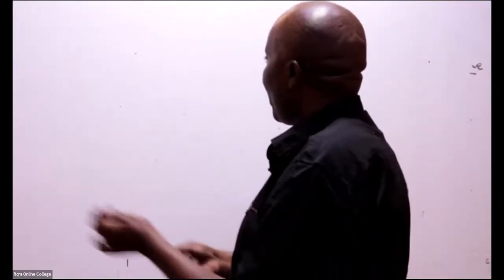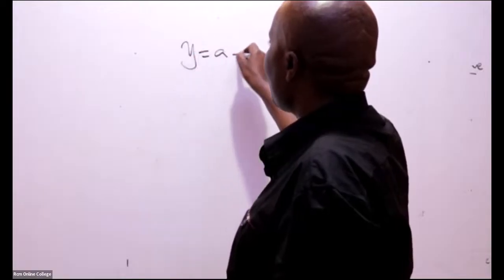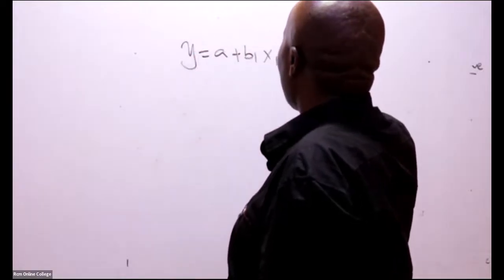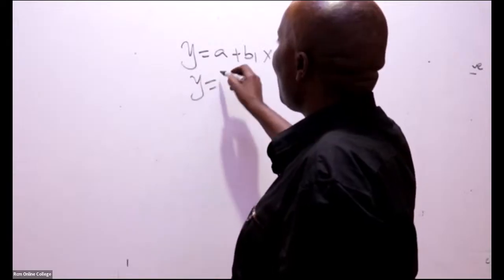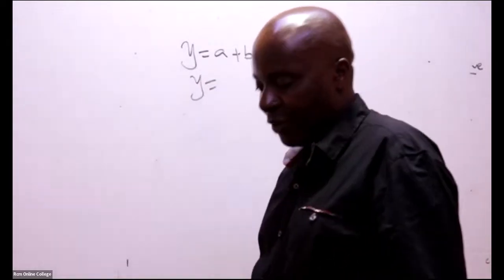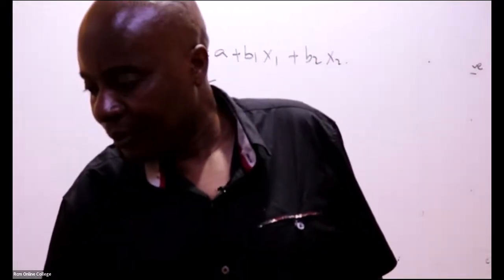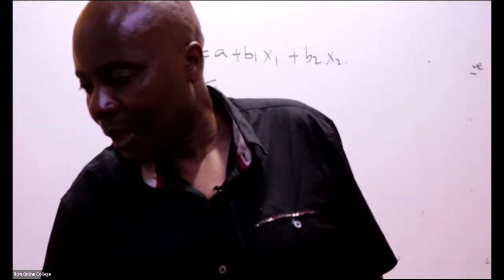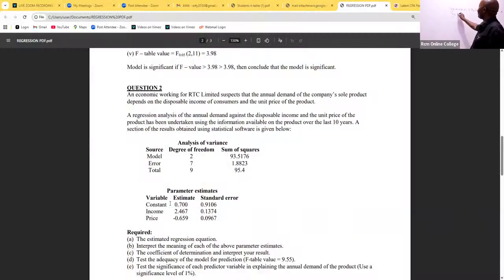So we have y equals a plus b1 x1 plus b2 x2. A has been given in the question. A is 0.7 plus b1, which is 2.467 x1, plus b2, which is negative, so minus 0.659 x2.